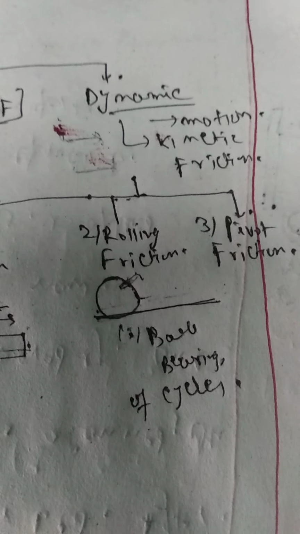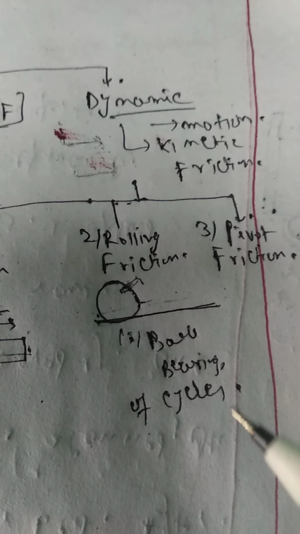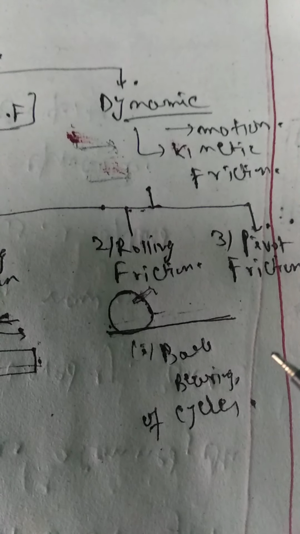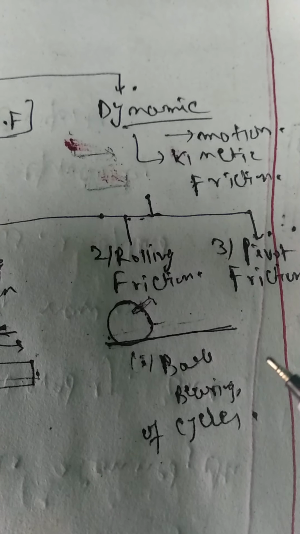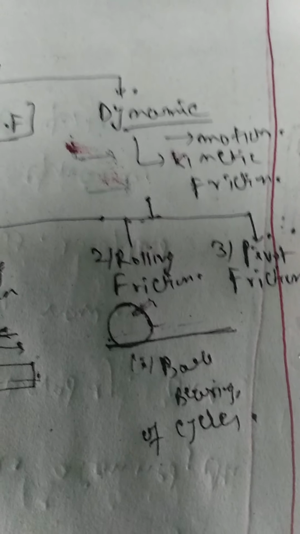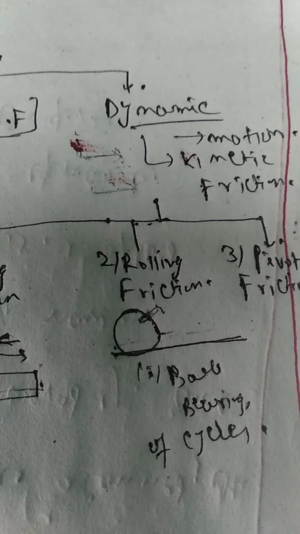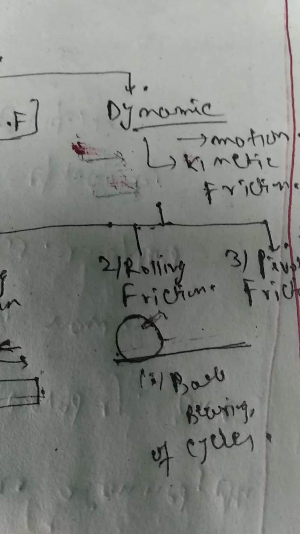Now another type of friction is pivot friction. This is experienced by a body due to the motion of rotation.